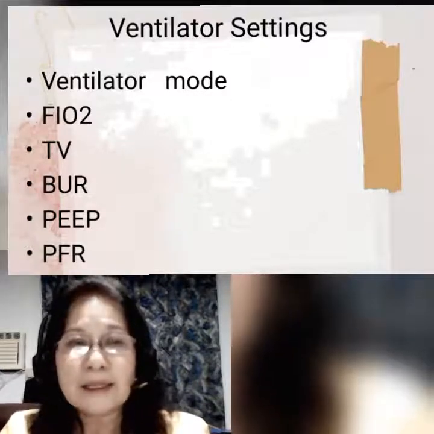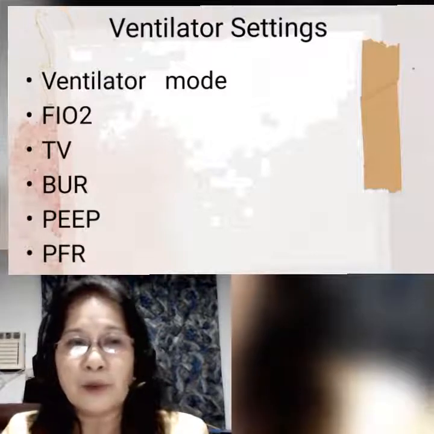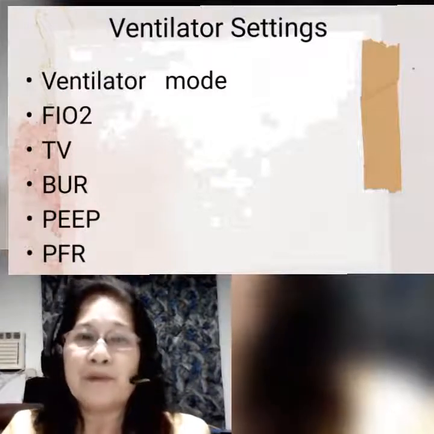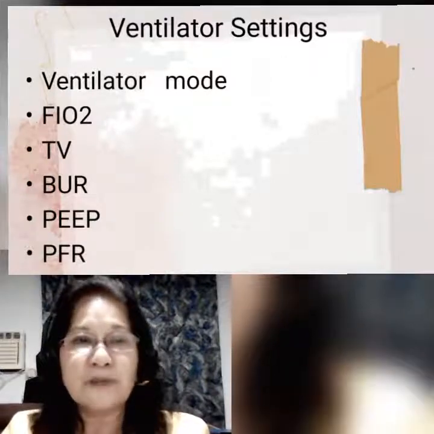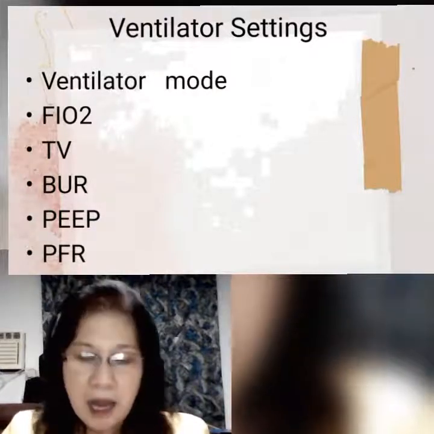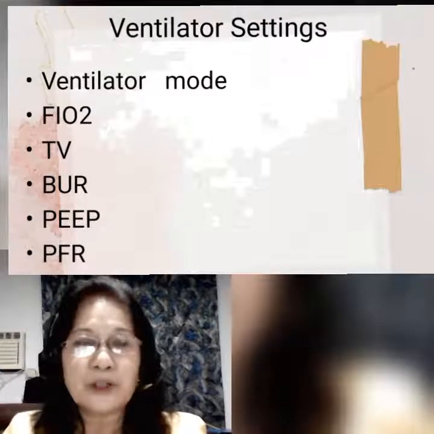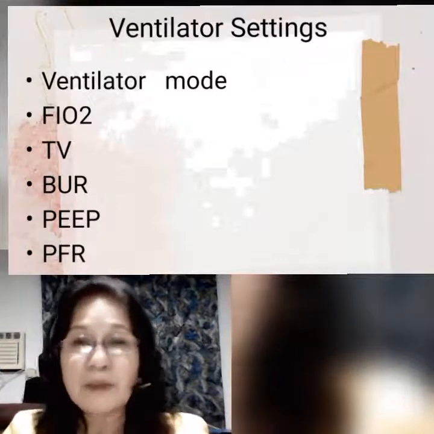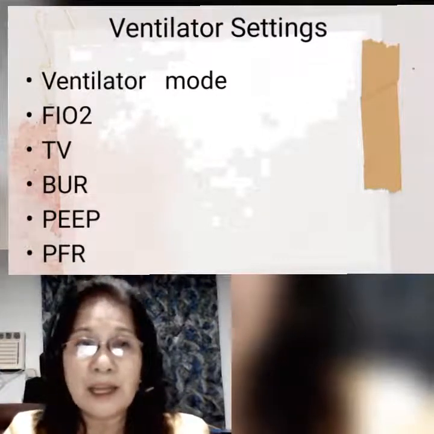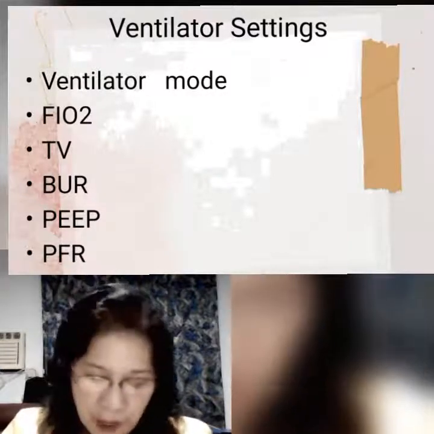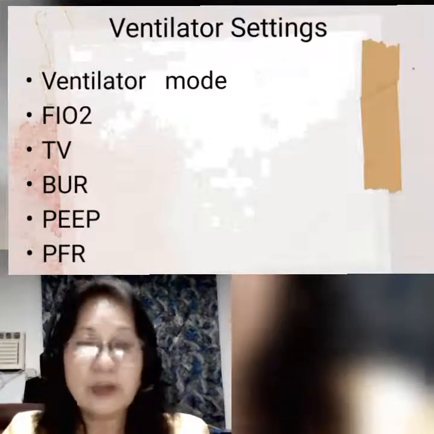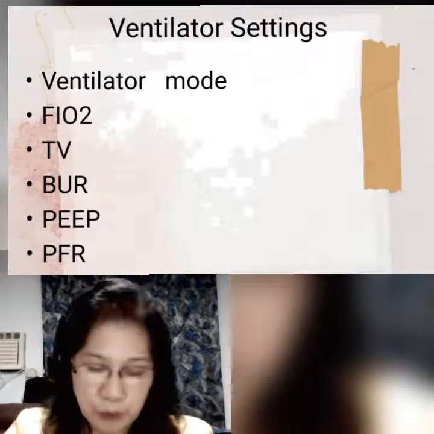You can ask the respiratory therapist to go to the ICU and assist with the ventilator settings. Now, number one is, of course, your mode. As I have said, the modes of the ventilator are assist control, controlled, and IMV mode. Then the other one is your fraction of inspired oxygen concentration, or your FiO2.